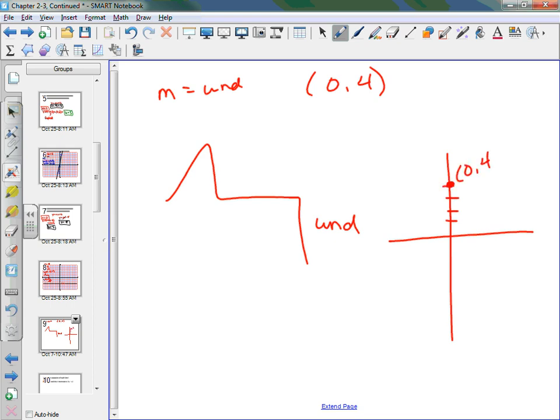There's the point 0, 4. Where am I a vertical line at? What does it mean to be undefined? Where's 0 at if your slope's undefined? Is it in the top or the bottom? Where is 0 if your slope is undefined?